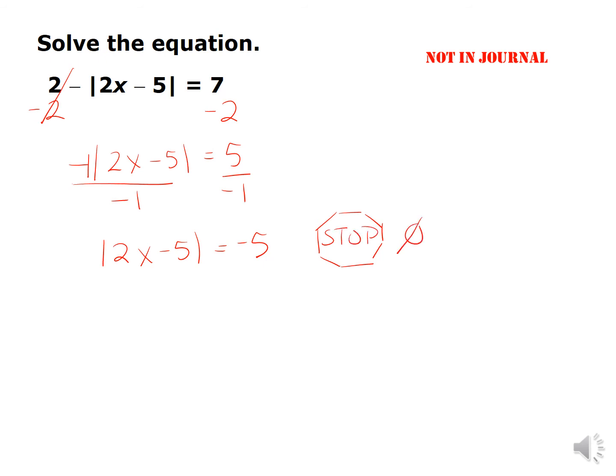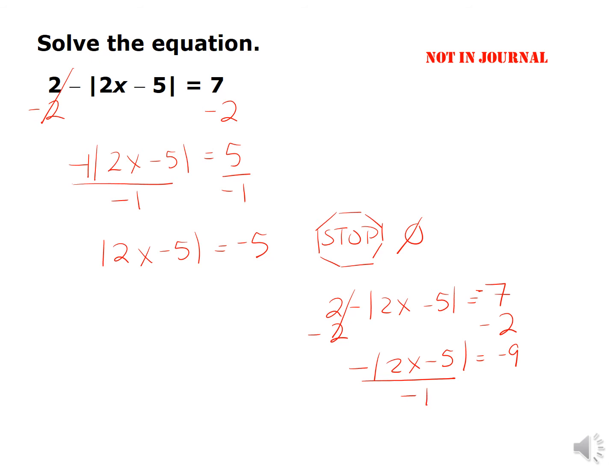But you want to be careful in cases like this. What if the problem had been 2 minus absolute value of 2x minus 5 equals negative 7? Okay, then I'd subtract 2, and I'd get negative absolute value of 2x minus 5 equals negative 9.